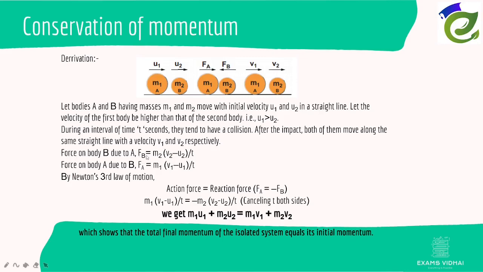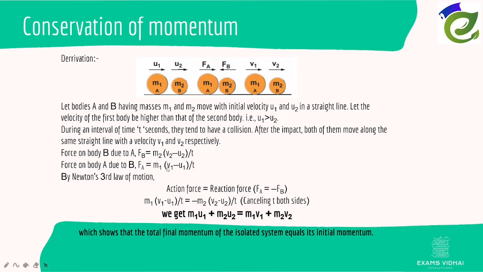Now coming to FB, we know that F is equal to ma by Newton's second law of motion. Acceleration is the rate of change of velocity with respect to time. So similarly here, FB is m2 into (v2 minus u2) by t, for B. The rate of change of velocity with respect to time gives acceleration, and that is multiplied with m2 to give FB.